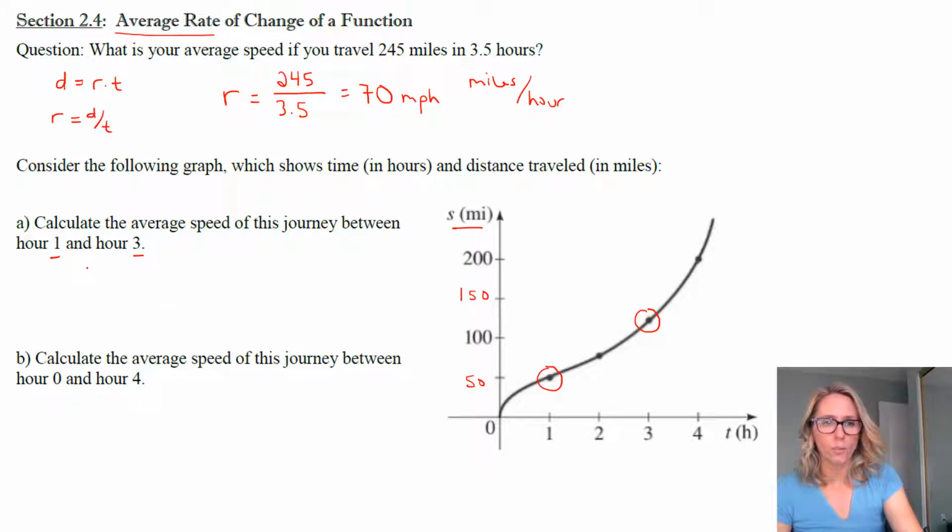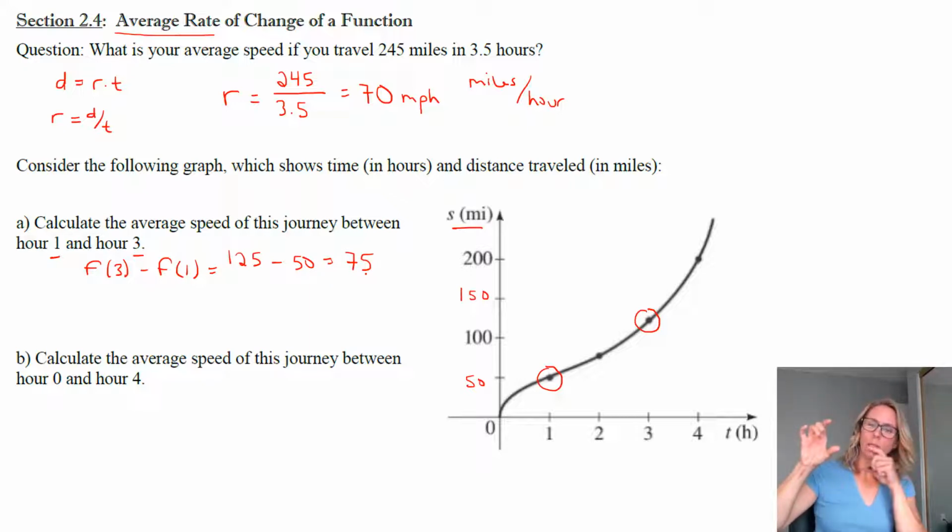So if we think about f of 3, so if I think of this as a function, f of 3, and I subtract from that f of 1, that's going to give me the difference in the distance. So f of 3 looks like something I kind of need to just estimate. I'm going to estimate a 125, and f of 1 looks pretty legit, looks like a 50. So that's going to give me basically that the difference in distance is 75 miles.